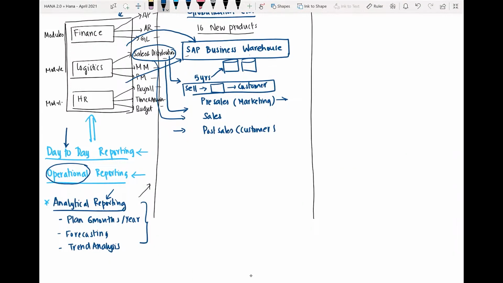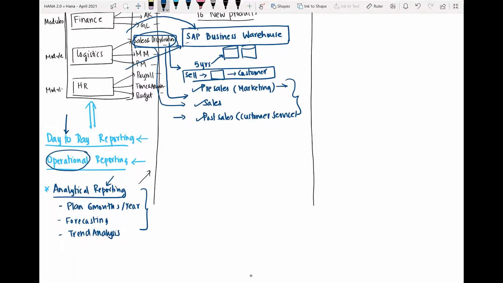So SAP understood that just having a logistics team and doing sales and distribution and tracking that alone is not sufficient. You have to now start tracking pre-sales, sales, and post-sales. So in order to perform these three operations, SAP came up with one of the 16 new products, called SAP CRM, which is Customer Relationship Management.